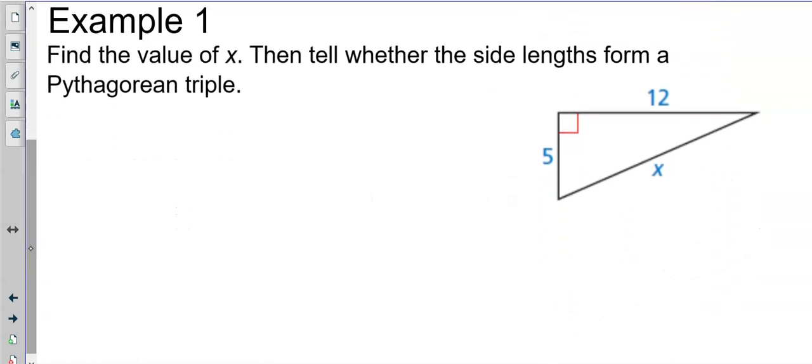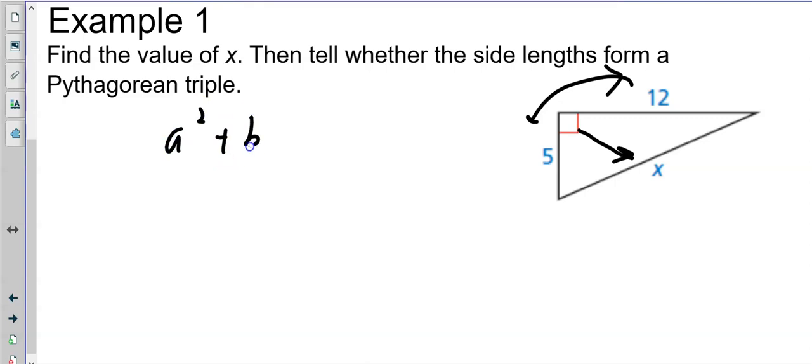So let's see how it works in real life. I'm going to draw my little arrow from the symbol because it's very important to know where C is. These two are interchangeable. It does not matter, okay? But C is very important. So I always suggest you do this every single time and then fill in your numbers.